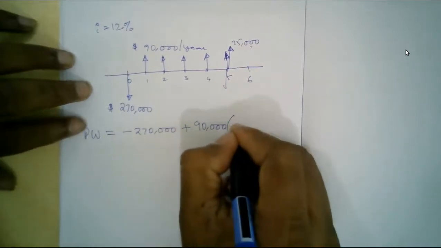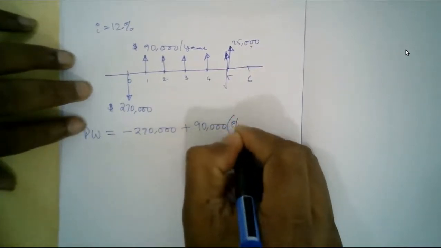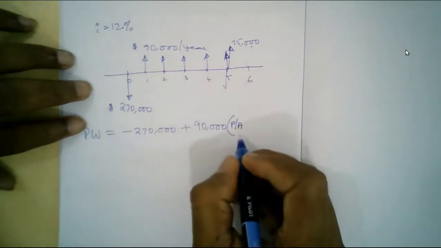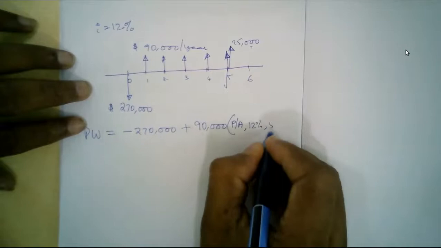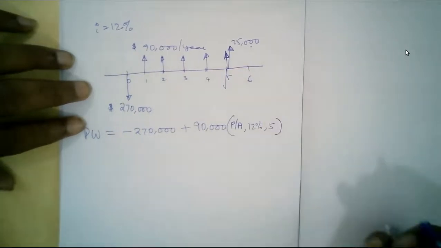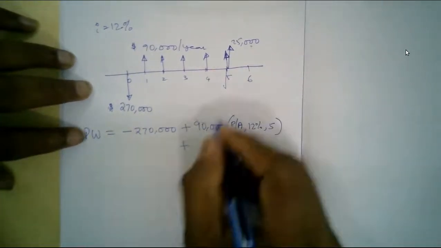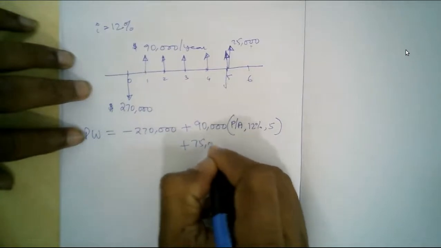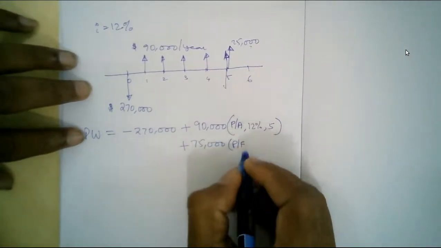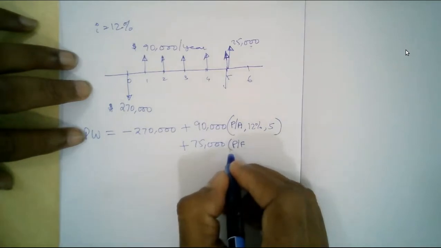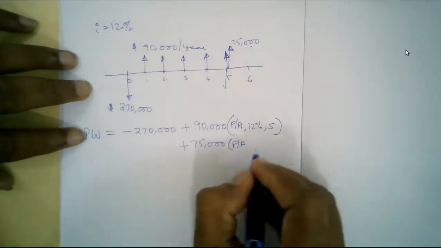multiplied by, I want to convert into present value given the annual payments, P by A and 12% for 5 years. Then plus 75,000. This is a salvage value. I want to know, this is the future value of 75. I want to convert to present value. So P by F I should use.